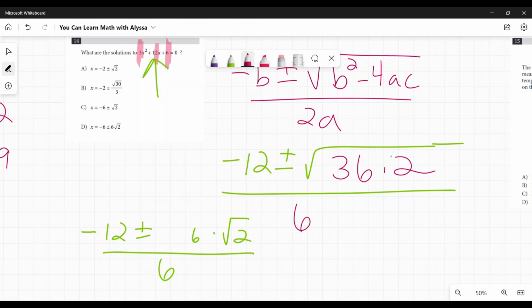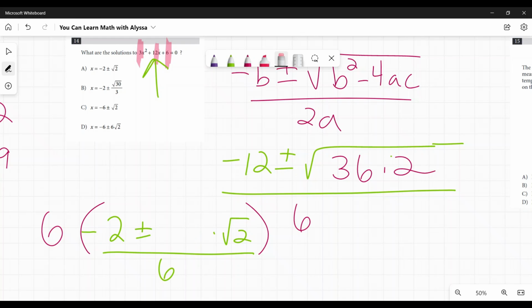But if you'll notice, that still does not match any of our options. So now we need to look for a greatest common factor. And you're looking for it not under the radical anymore. That is locked off. You can't touch it. You're looking at these 3 numbers. Is there anything that goes into all 3 of them? Yes, 6. So I'm going to pull out a 6 on top. So if I pull out a 6, what is negative 12 divided by 6? It is negative 2.